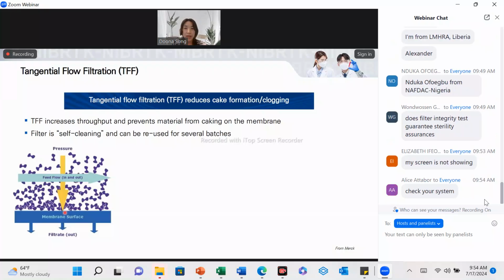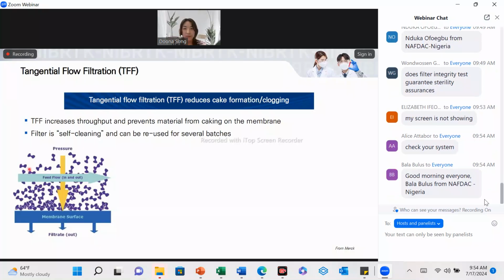The feed enters the system and flows along the surface of the membrane, and the filtrate passes through the membrane while the retentate flows out separately. This means there is one input feed and 2 outputs, filtrate and retentate.